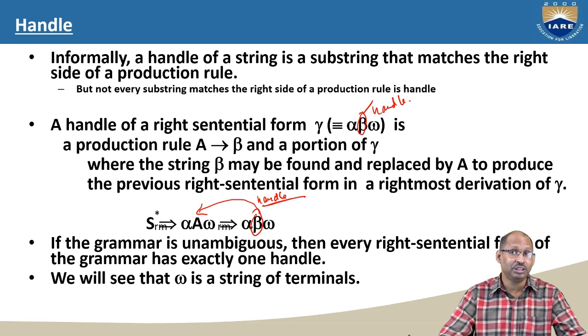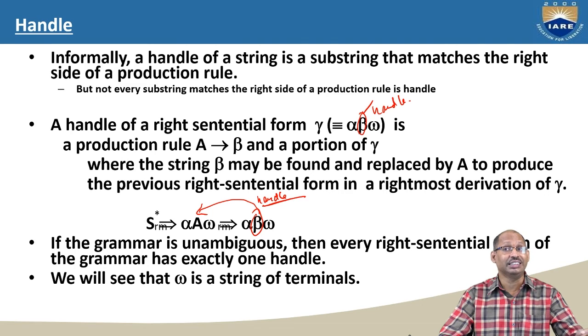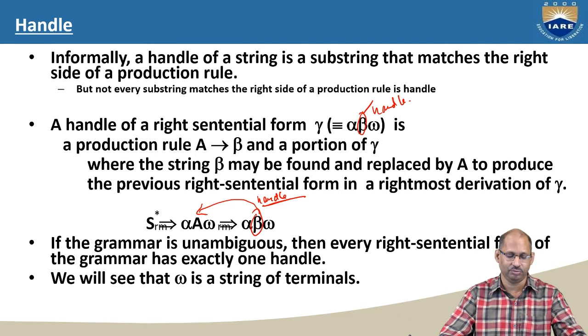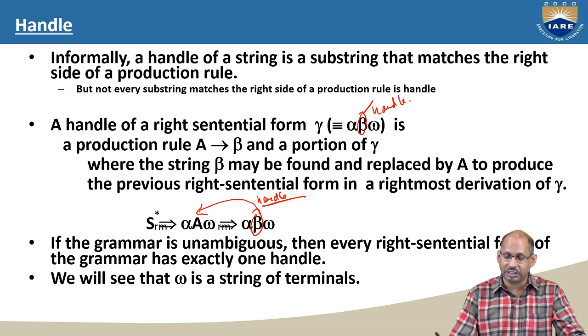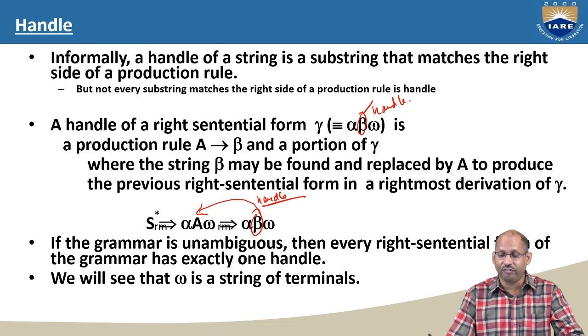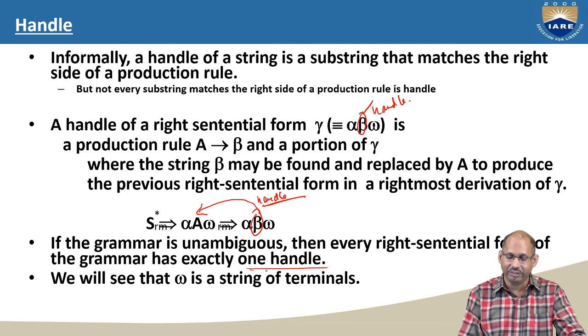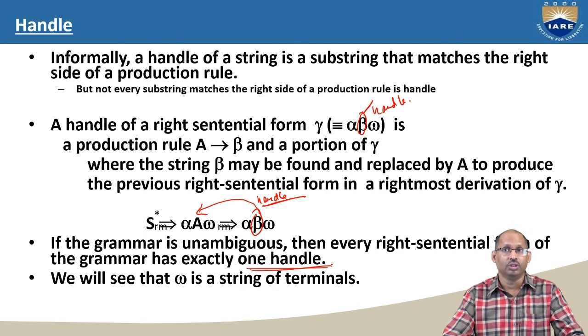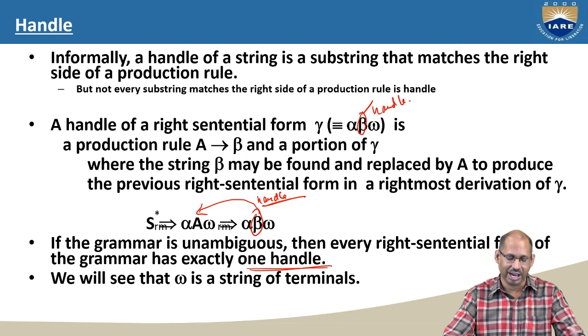Then the substring is referred to as the handle. If the grammar is unambiguous, then every right sentential form of the grammar has exactly one handle. So if the grammar is unambiguous, the handles will be unique. There will be exactly one handle.